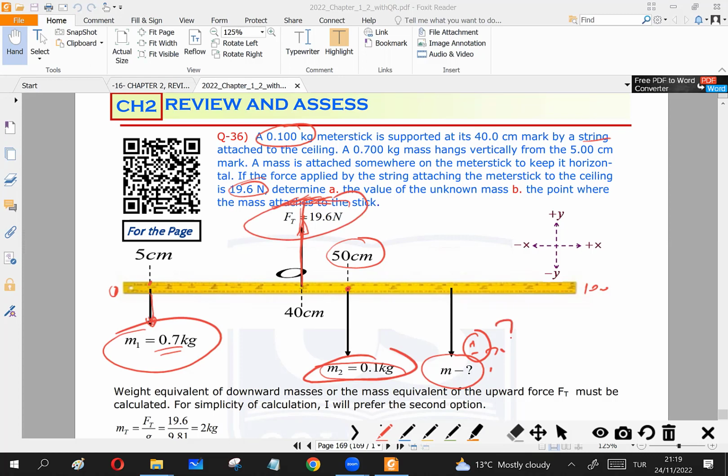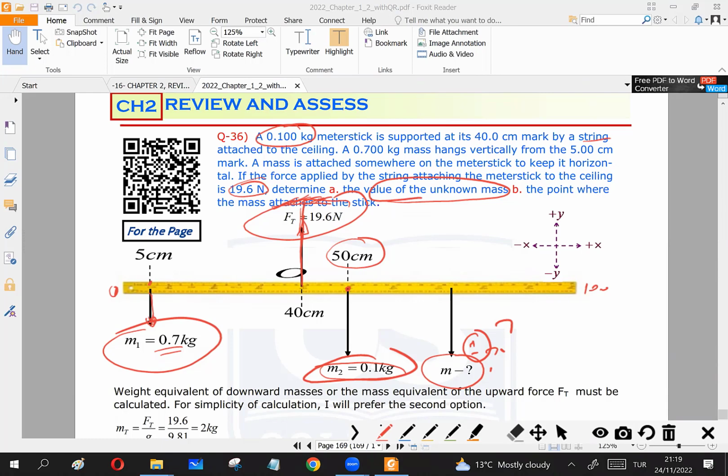And maybe you remember we said that if there is only one unknown in an equilibrium problem, we can use translational equilibrium. Yani the net force acting on the beam or meter stick must be equal to 0. So I'm going to apply the translational equilibrium to calculate the value of the unknown mass. The sum of the forces acting on this meter stick must be equal to 0.